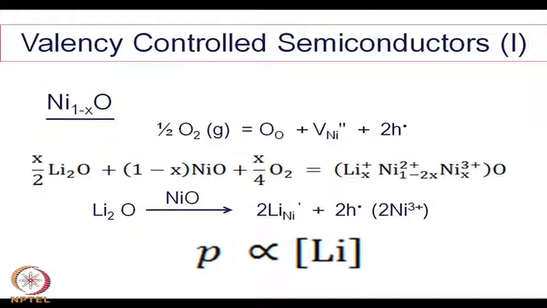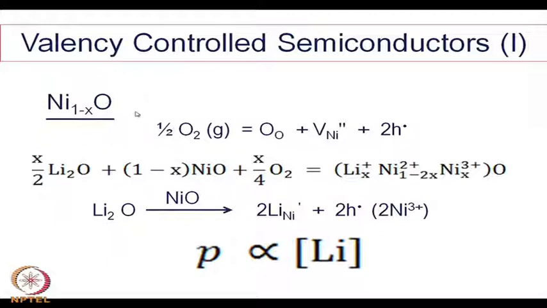That means basically the valency of the host cation changes, which we have seen earlier, because that also changes because of the creation of intrinsic defects, but here we are inducing some changeover of the valency of the cation, and that is how it is called valency controlled. The valency is controlled by adding certain impurities.